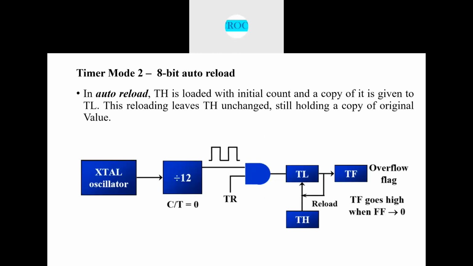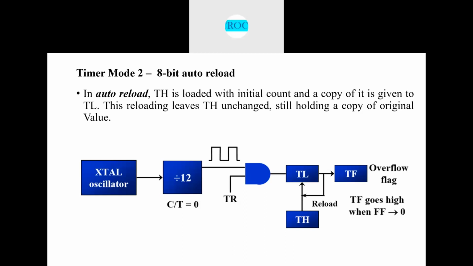In auto reload, the TH is loaded with the initial count value and a copy of it is given to the lower byte register. This reloading leaves TH unchanged. It means that whatever value we initialize the higher byte register with, after the reset the TH register still remains the same. It is not changing.